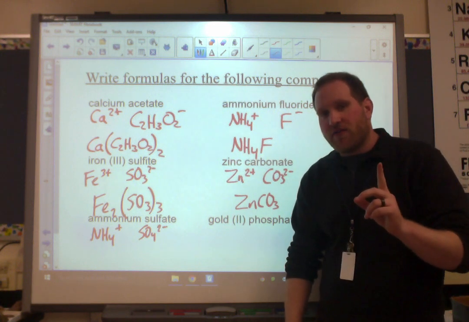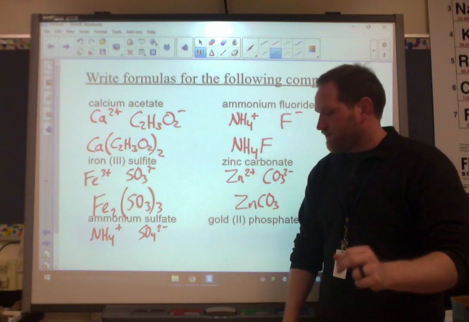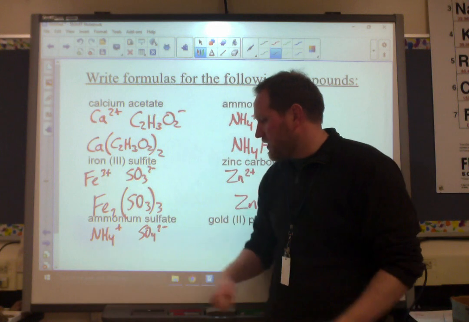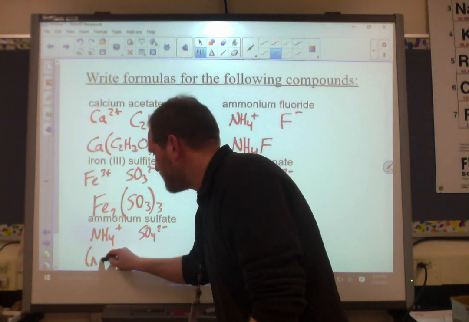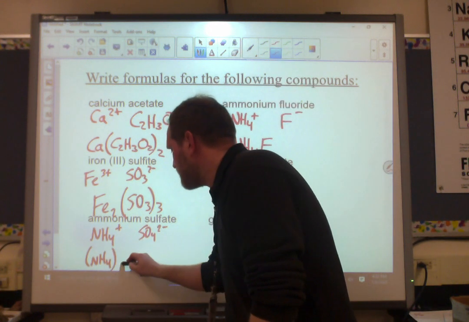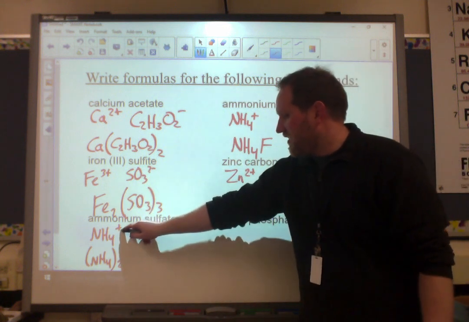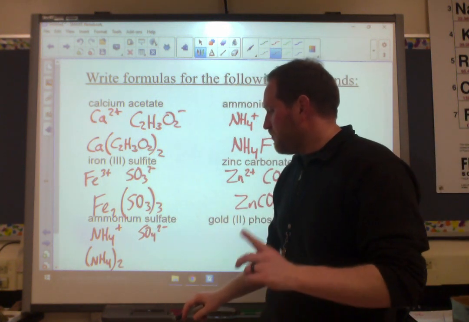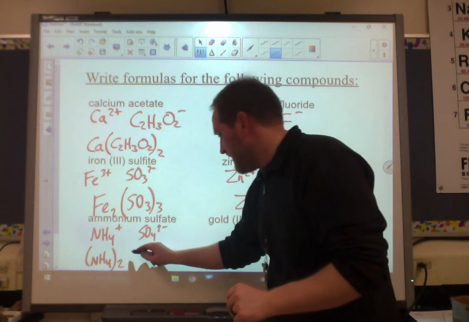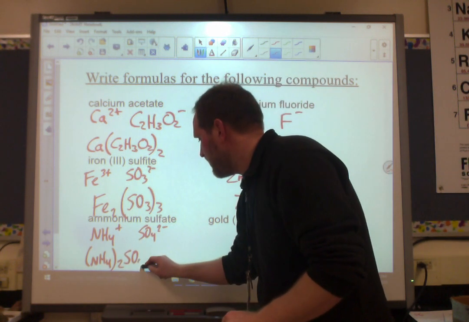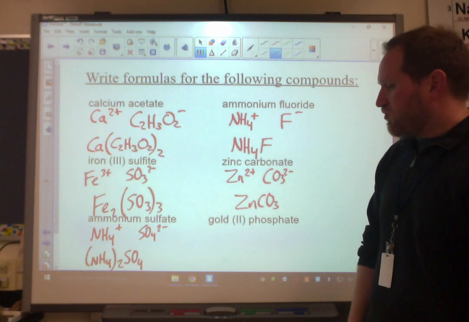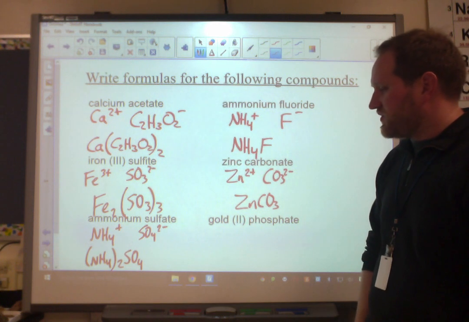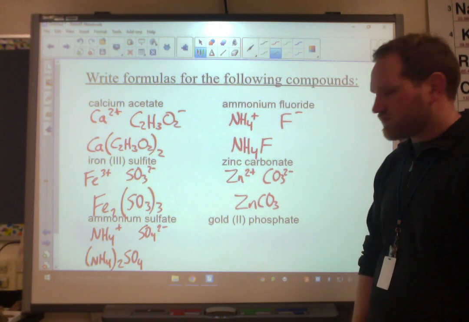Yes, but only around the one that has more than 1. Notice we need 2 ammoniums. So you go parentheses, NH4, close parentheses 2, but we only have 1 sulfate. So you don't put parentheses around the sulfate. So it looks like that: parentheses, NH4, close parentheses, 2, SO4.